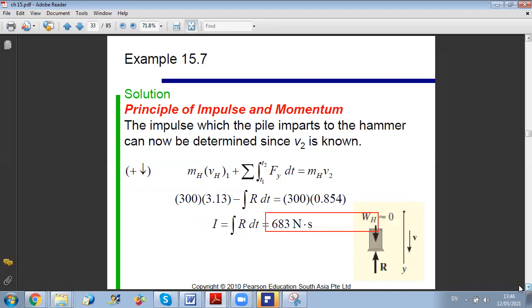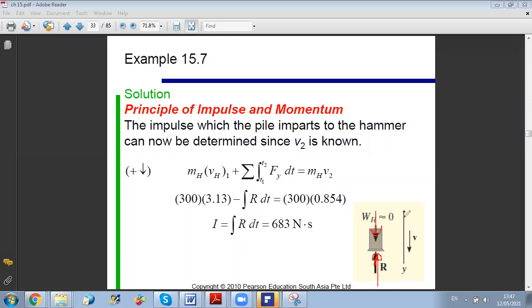To have the impulse external, we should cut, meaning we take either the pile or the hammer. For example, here they consider the hammer as the system. If we take the hammer as the system, the forces acting on it are its own weight and the reaction of the pile on it, which is what creates the impulse.